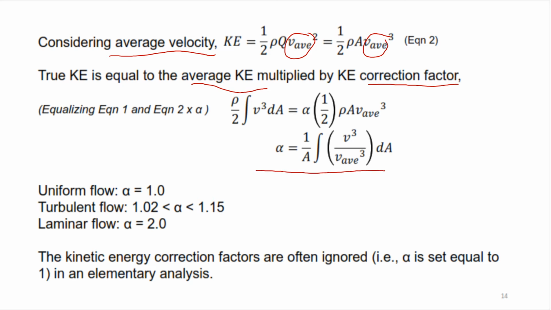So actually the correction factor can determine the types of flow, either uniform, turbulent or laminar flow. Actually the kinetic energy correction factor is often ignored, or it is always set as 1 in elementary analysis. So once it is set as 1, when we multiply with anything, we will get the same number. Okay, so we can consider or ignore it for corrections of kinetic energy.